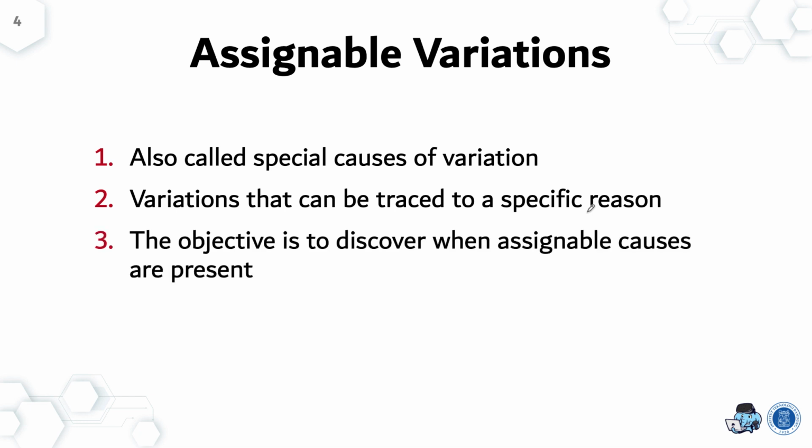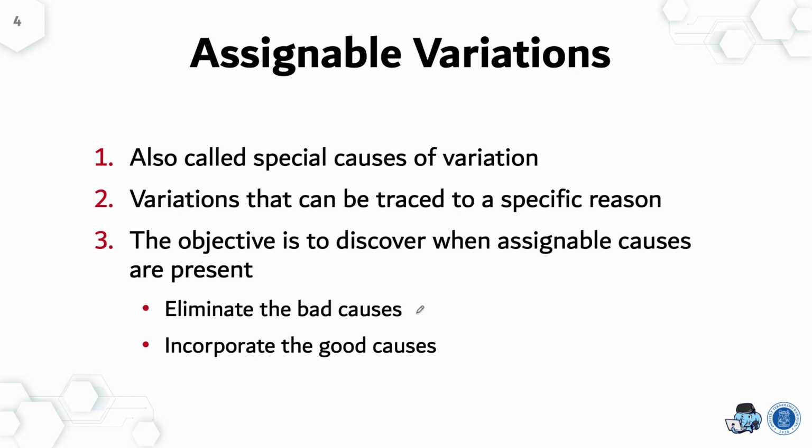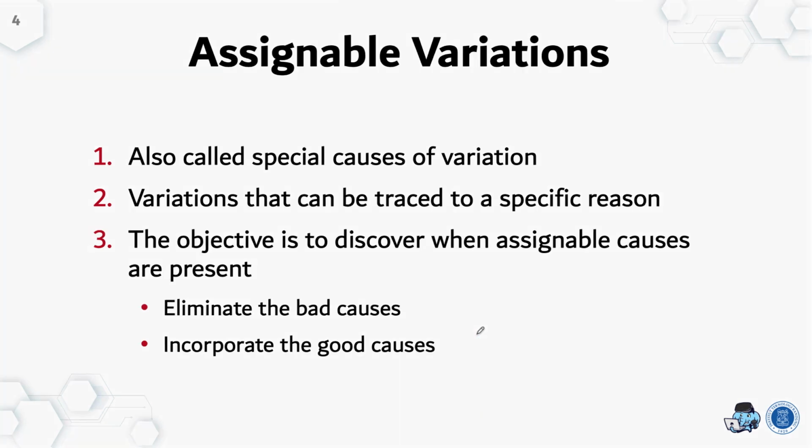The objective here is to discover when the assignable causes are present in our production system. The operation manager then simply has to eliminate the bad causes and incorporate the good causes in the system.